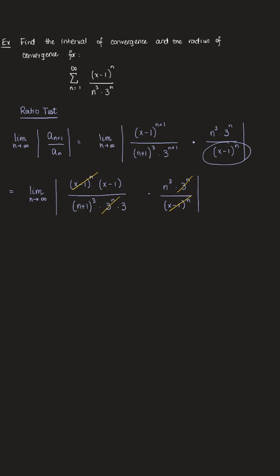And at this point, I do like to pull out anything outside of the limit, in front of the limit, that is not dependent on n growing large. So I'm going to go ahead and pull out the absolute value of x minus 1 because it doesn't change as n gets large.